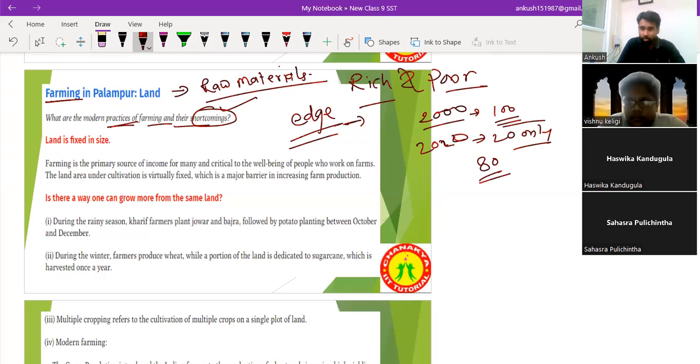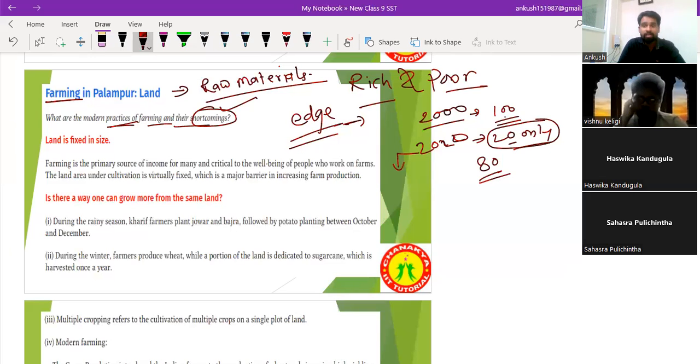Now see, these 20 people working in the field are very trained, learned, skilled people. In 2022, we are definitely using modern techniques, and to operate those machines we need skilled labor.